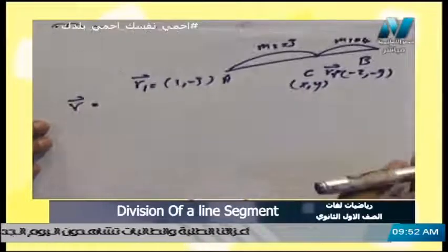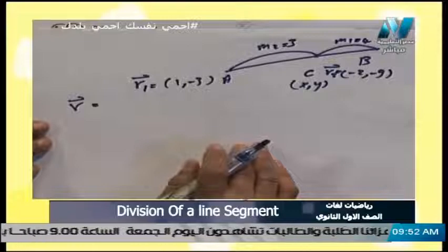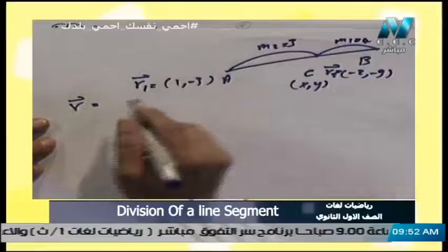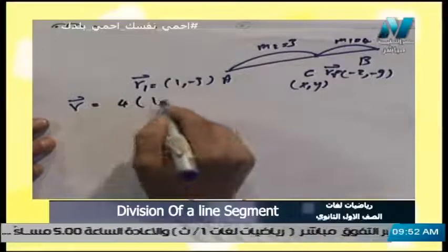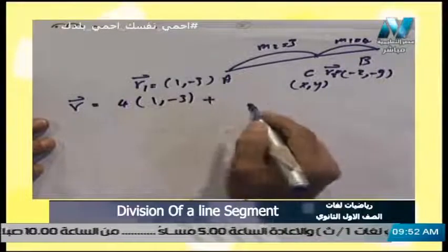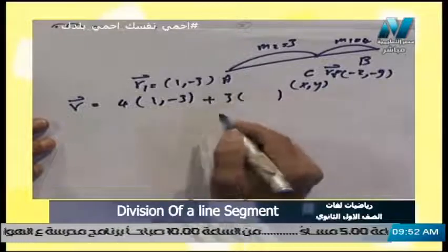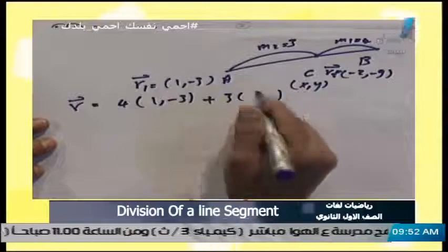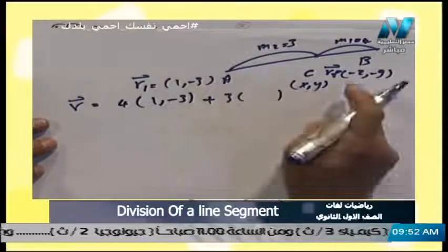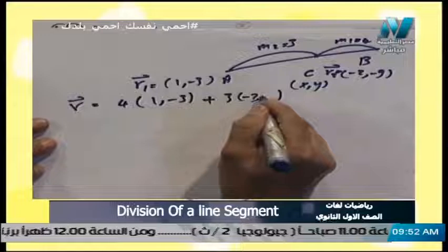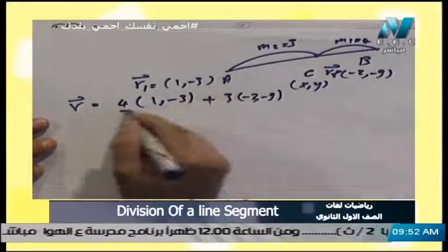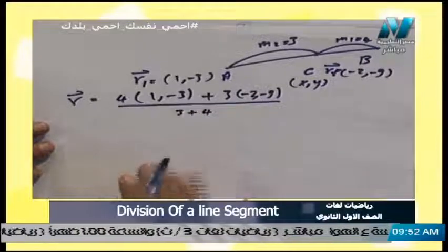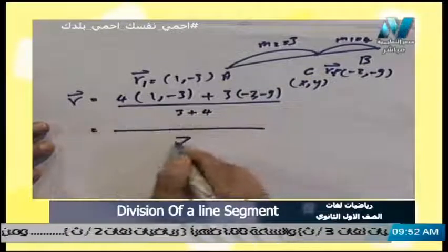R equals M1, which is 4, multiplied by R1, which is 1 and negative 3, plus M2 equals 3 multiplied by R2, which is B, negative 2 and negative 9, over the sum of them, 3 plus 4. Here the sum equals 7.